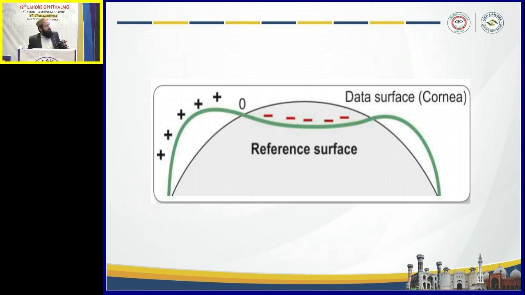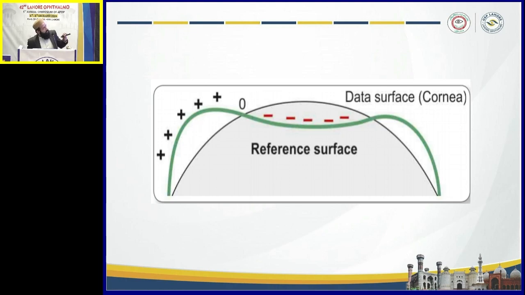If this is a spherical surface shaped like this, you see this surface is relatively inferior to this normal surface, which will be seen on the elevation map as compared to a normal best fit sphere. And if it's a minus value, it means that at that point on the posterior elevation map, the cornea is relatively thick. We will discuss that later in detail.